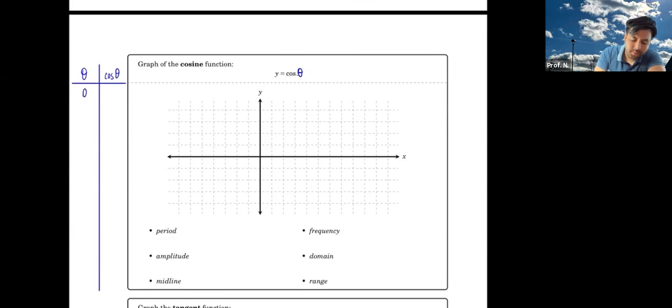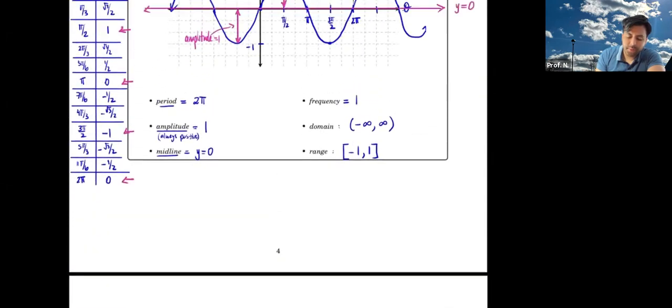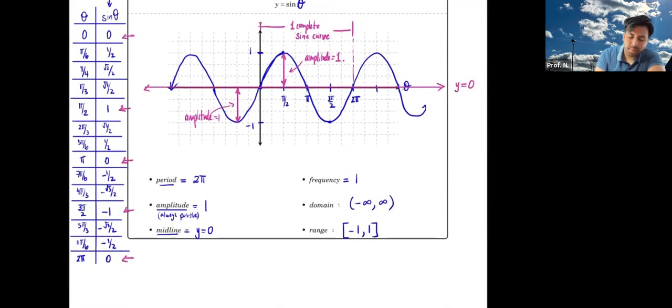We're going to go with 0, pi over 6, pi over 4, pi over 3, and pi over 2. So cosine of 0, it's pretty much the same values, remember we talked about this? It's the same values as for sine, but now we start with the 1 and go in reverse order.